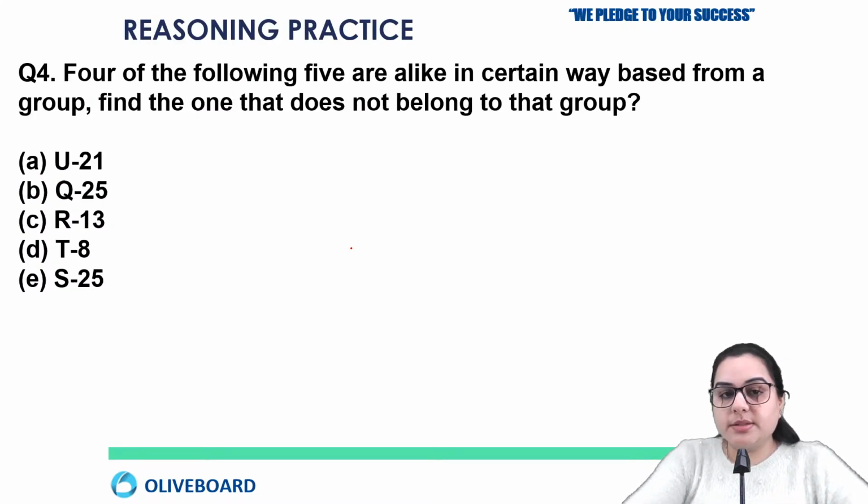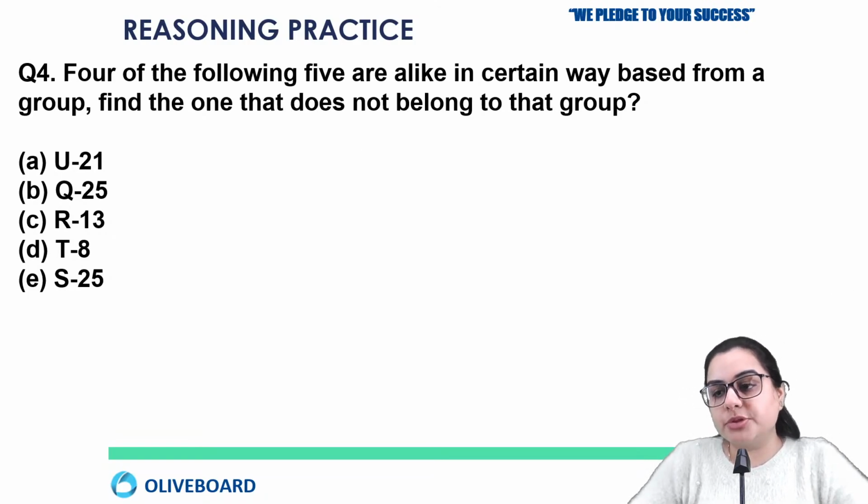So next question. Here we have to tell the odd one out. Out of these five options, which is that option which is not following the rule of the other four options?